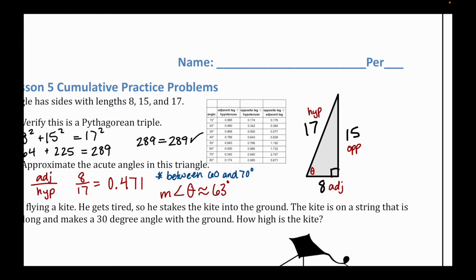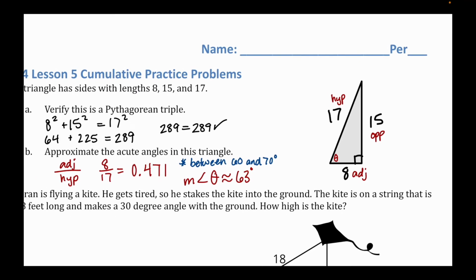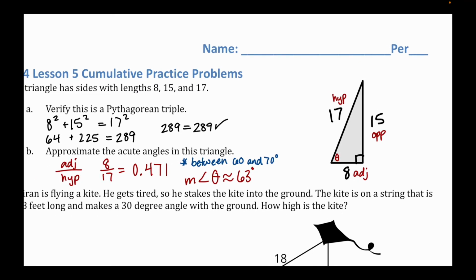So actually, here we go. Now that I have one, I can just approximate and say that they are 63. And I can say the other angle is approximately, and in this case, they need to add up to 90, so that's going to be about 27 degrees.